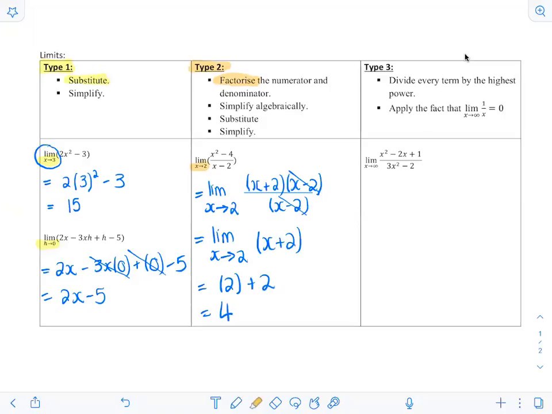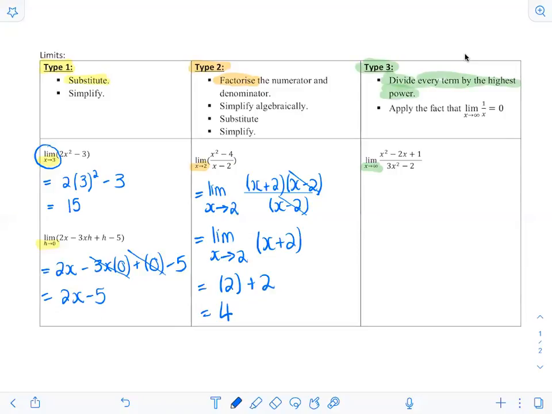The third method, x approaching infinity. I don't know how to substitute that. When you see x approaching infinity, the other plan is to divide every term by the highest power.